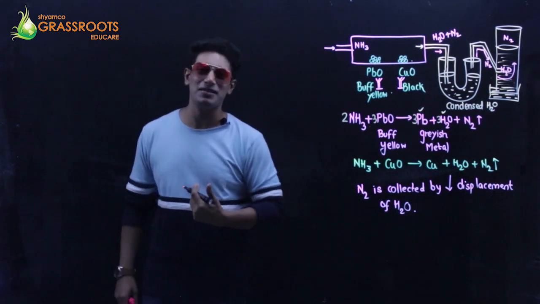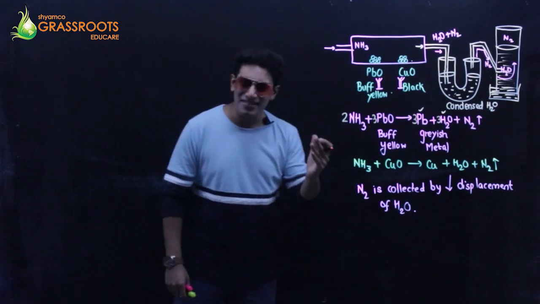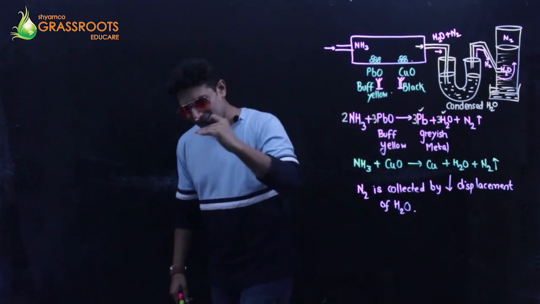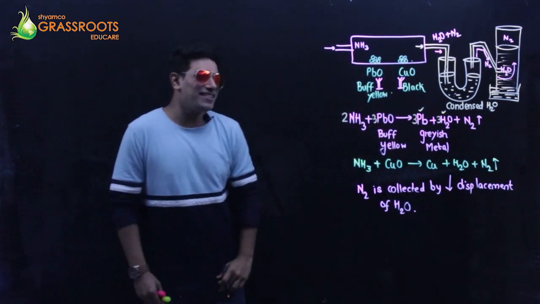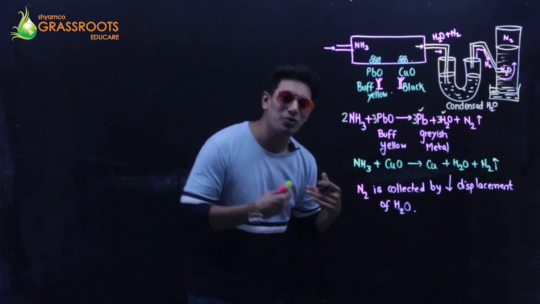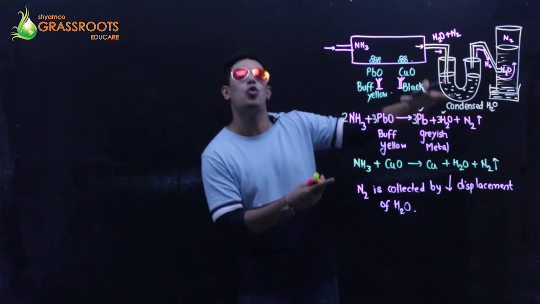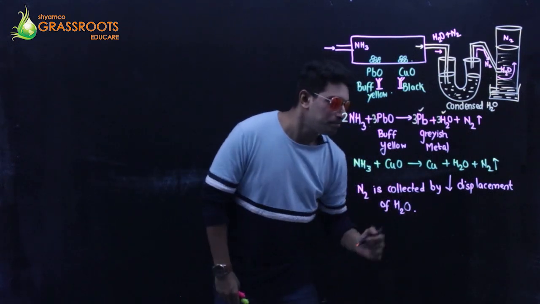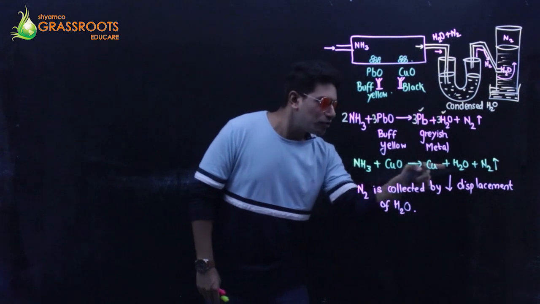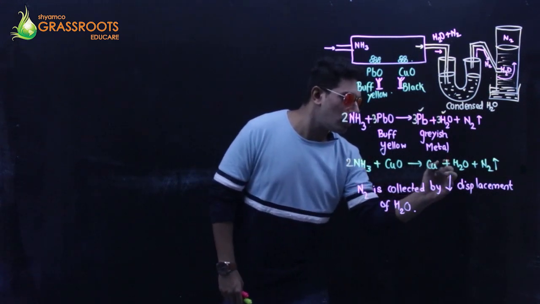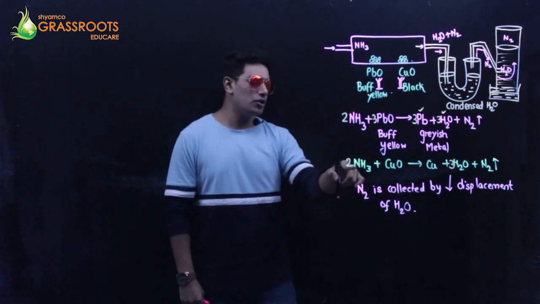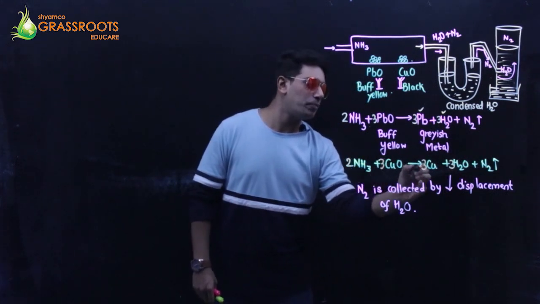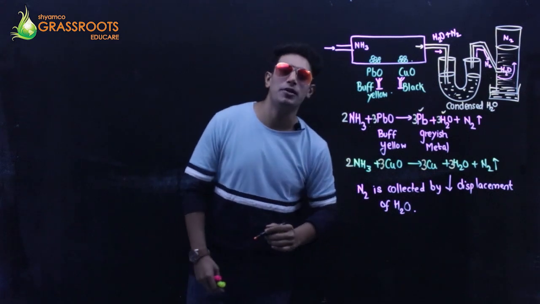I'm going fast in balancing because you are 10th standard kids and you've been balancing since 7th, 8th, 9th. You can't expect me to balance slowly in one particular reaction; it gets monotonous. 3 hydrogen, 2 hydrogen, so 2 here, 3 here. 6 hydrogen, 2 nitrogen. Perfect. 3 oxygen, and 3 copper. That's balanced for you all.